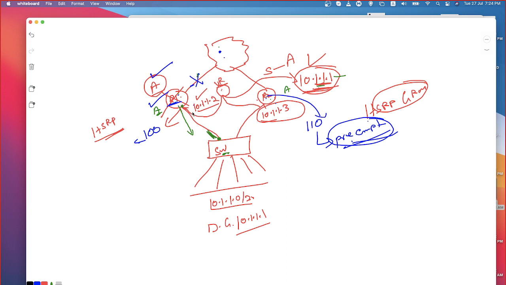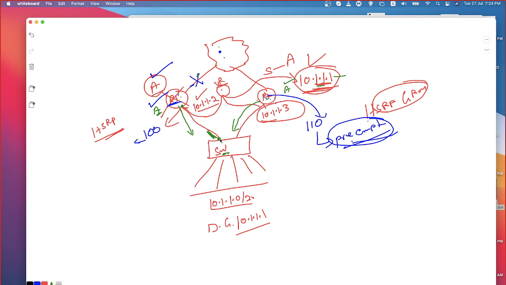So what happens in HSRP is, the moment any standby router takes up the role of active, immediately it sends an ARP packet to announce the reachability of that MAC address via the new port. So now router 2 has taken the role of active, and immediately an ARP message will be sent.